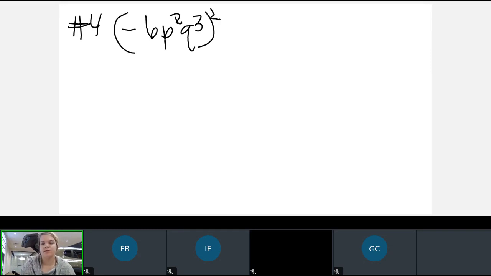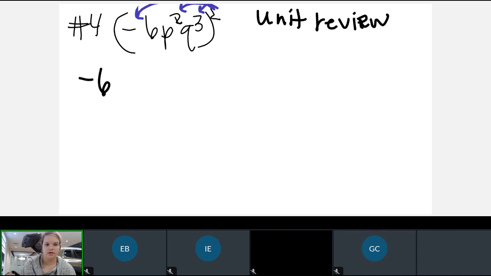All right, so again, we follow order of operations. We don't have anything to do in parentheses. There's only one term. So we're going to go ahead and square -6, p squared, and q to the third. Okay, Stormy, I'm going over some from the review right now. So this is number 4 from the unit review. And then I just did number 3.